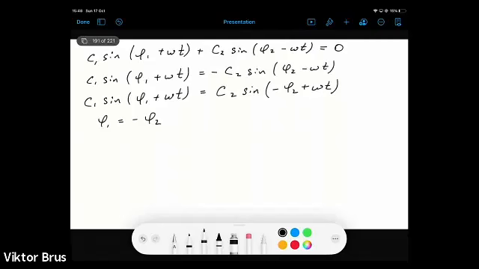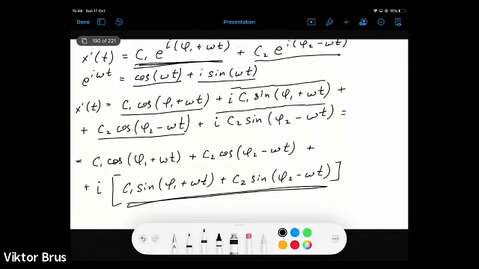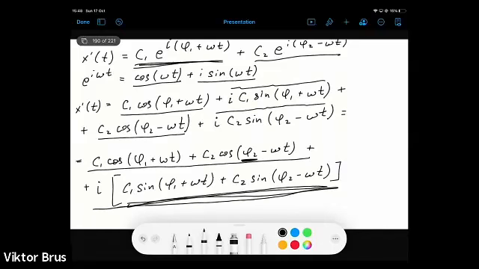So now we need to come back to our real component, and instead of φ2 here, we will substitute minus φ1, because we know when we have φ1 and minus φ1 in the second term, the imaginary part, we have already shown this, will be equal to 0.